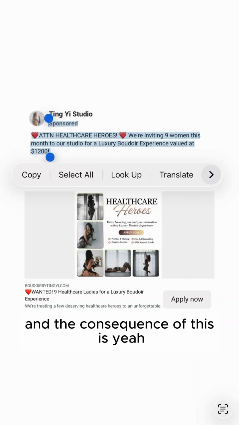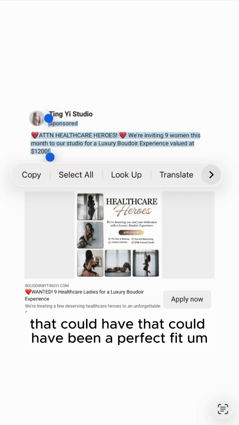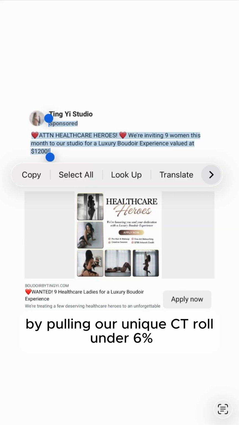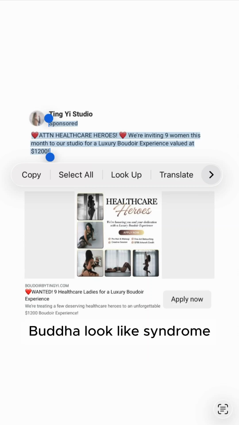And the consequence of this is way more women are going to be scrolling by than necessary. That could have been a perfect fit. But they're scrolling right on by, pulling our unique CTR under 6% and increasing the probability that we have BLCS, Boudoir low click syndrome.